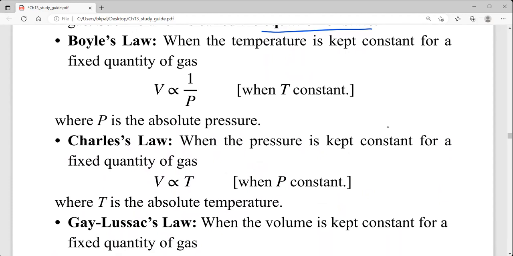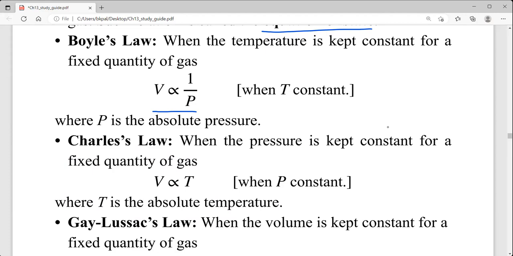So what is Boyle's law? Boyle's law tells us that when temperature T is constant, then the volume V of a fixed quantity of a gas is inversely proportional to the absolute pressure P. So here you see V is inversely proportional to P, where V is the volume and P is the absolute pressure.